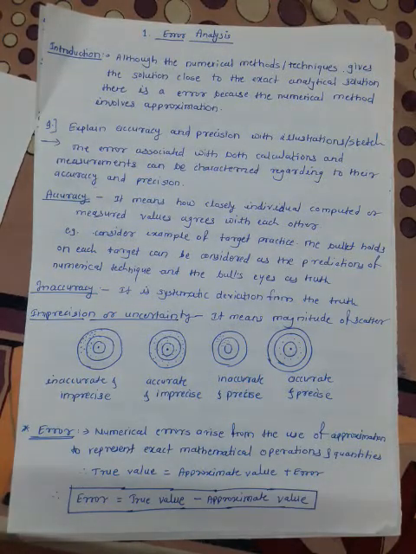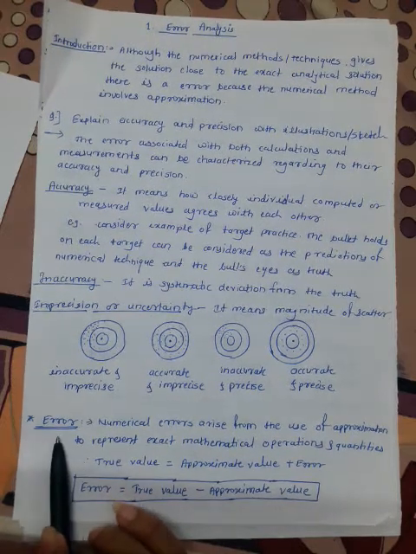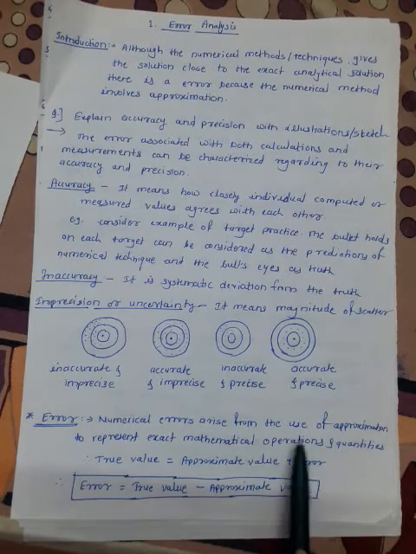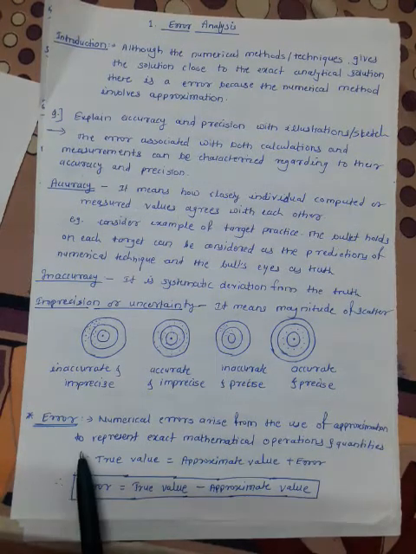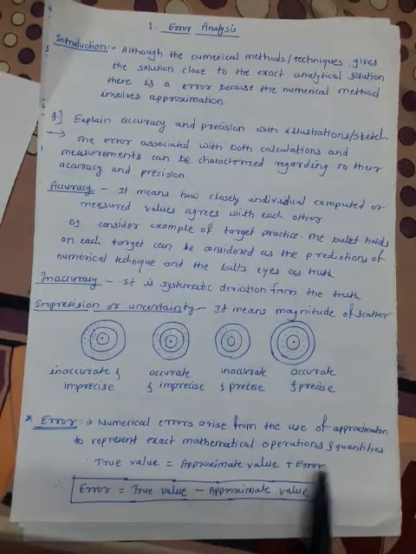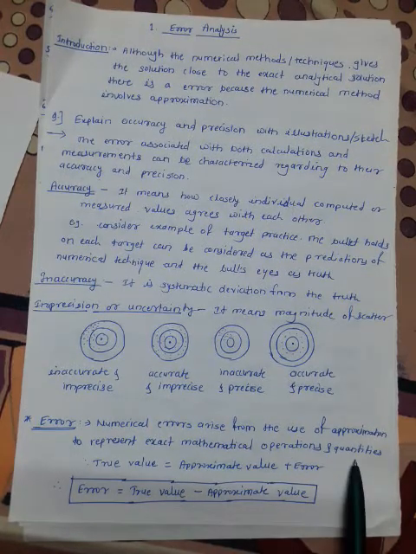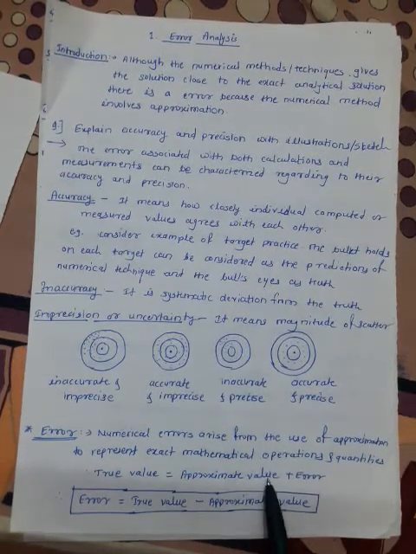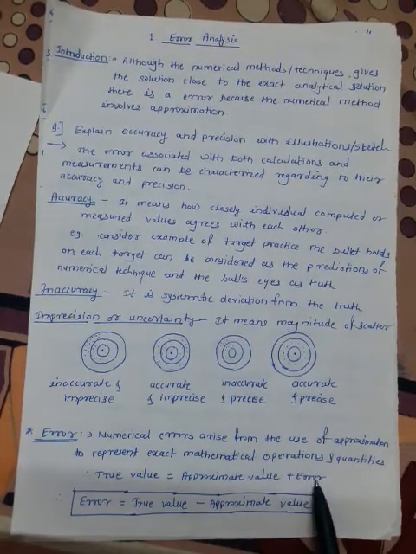Now let us start with the main calculations of our chapter, that is error analysis. Let us start with the error definition. Numerical errors arise from the use of approximations to represent exact mathematical operations and quantities. True value is equal to approximate value plus error.